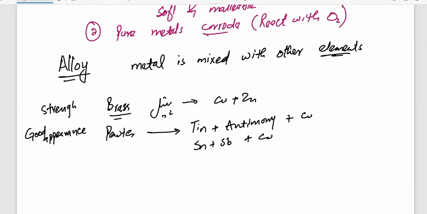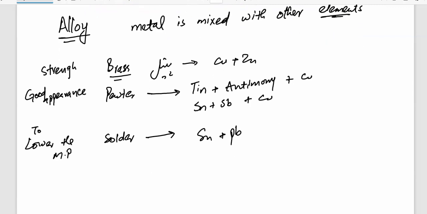To lower the melting point, what do we use? Solder. What is solder made up of? Solder is actually made up of tin and lead. These are used for joining electronic parts.